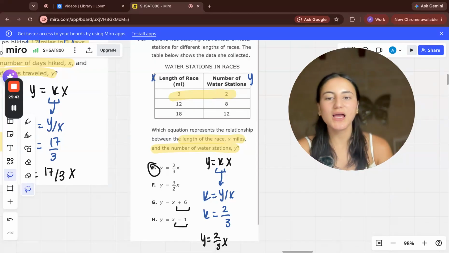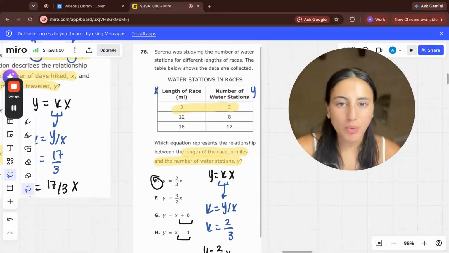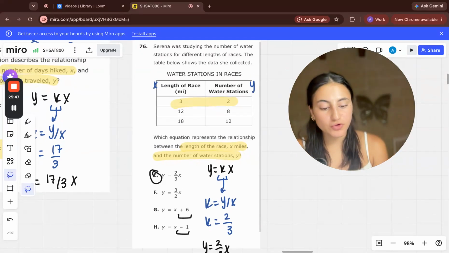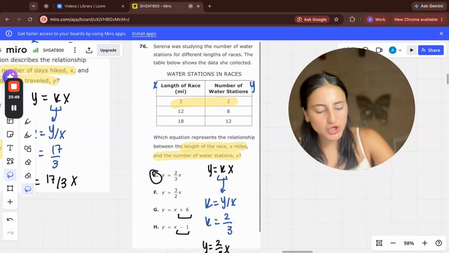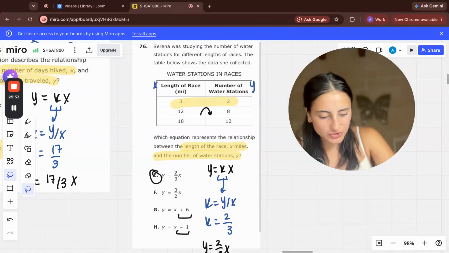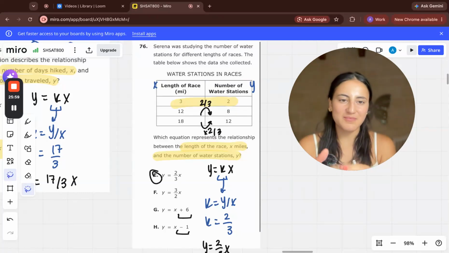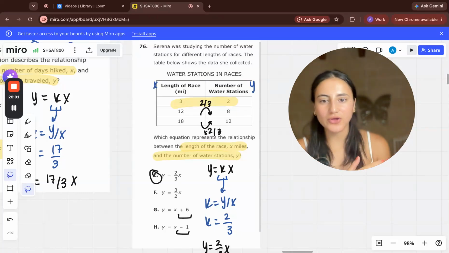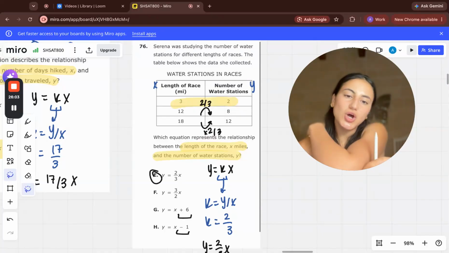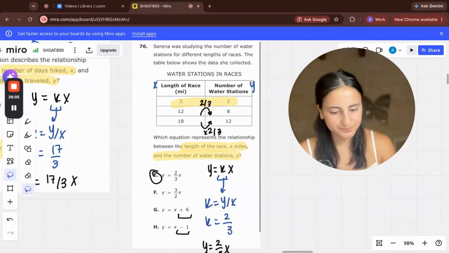But in this case, because it is a proportional relationship, if you were to test it, you could see that 12 times 2/3 gets you 8, and then 18 times 2/3 gets you 12. So since it is proportional, as we proved by multiplying by the constant and getting the y value, we know that G and H cannot make sense here.